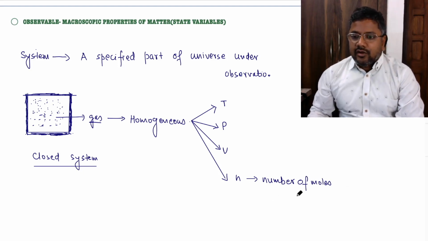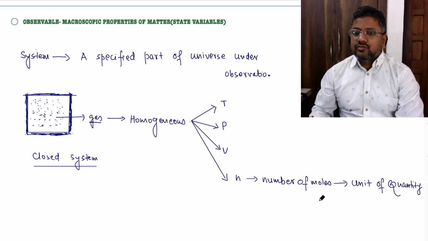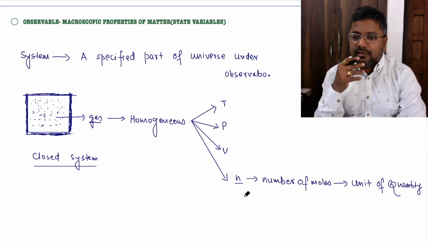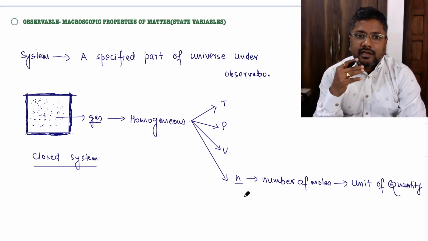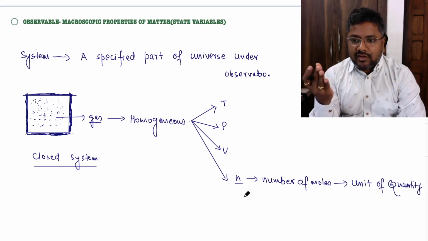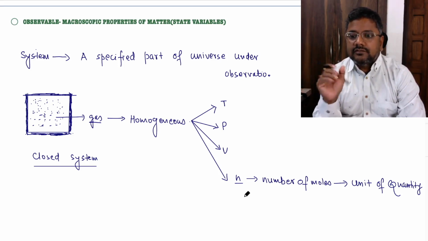See, this is the default unit of quantity. The default unit of quantity is the number of moles. What I am trying to say is that if quantity is not specified in any question and it is required, then you have to take 1 mole of that matter for simplicity.